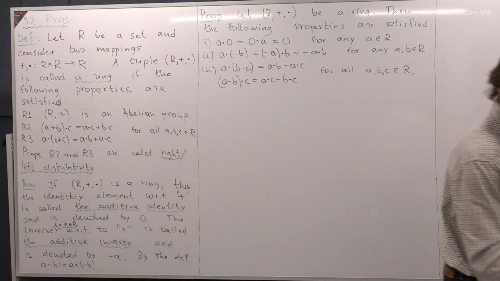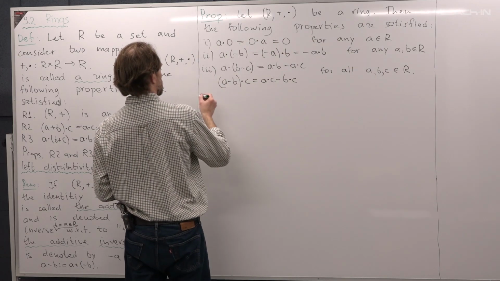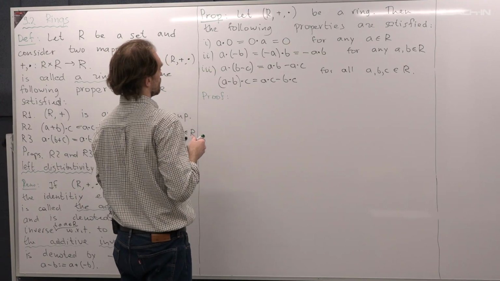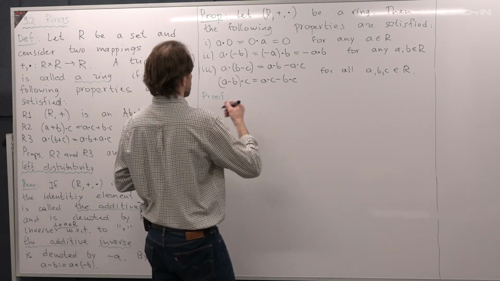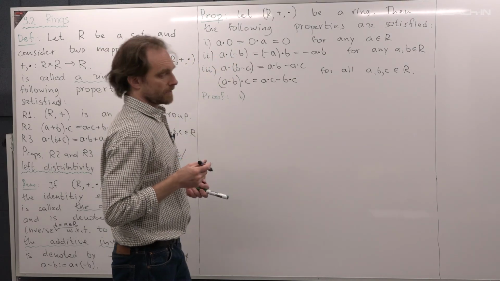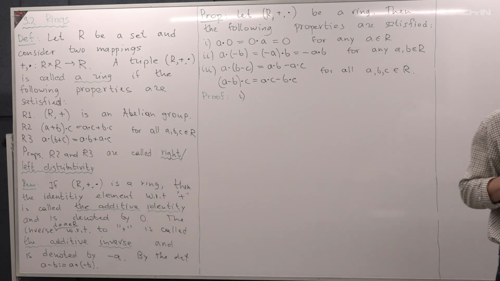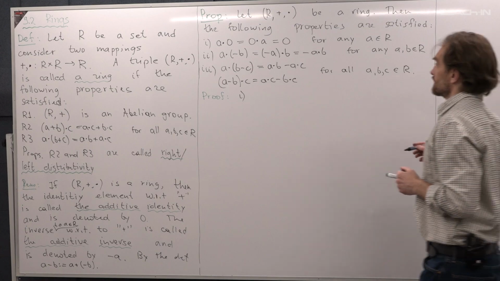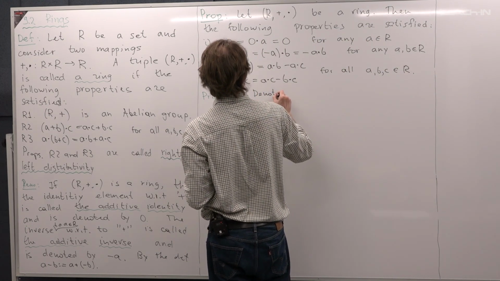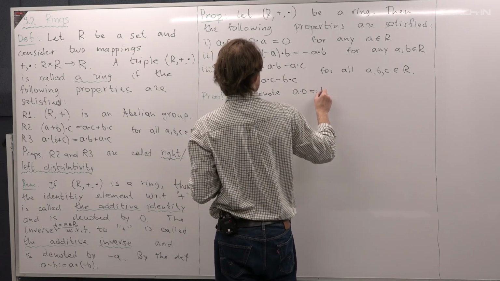So let us prove these statements. The first statement: in fact we have two different statements here. Let us just consider one of them. The second one is proved similarly. So denote a multiplied by 0 by b.